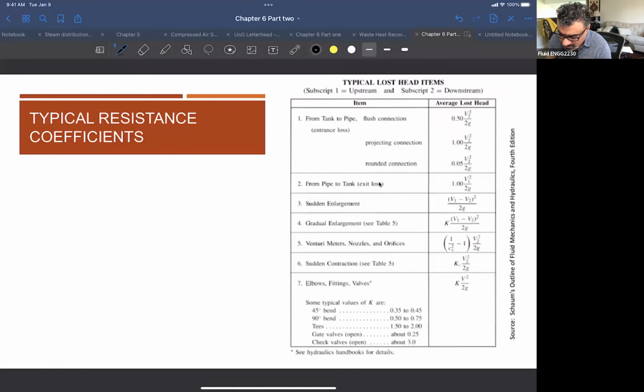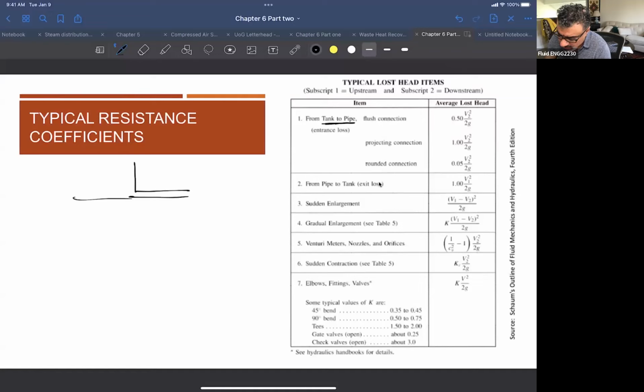You will see here, for example, from tank to pipe, the loss is given as 0.5 V squared over 2g. This is another table that is available in many handbooks for fluid flow in a system, which means that the K for this case here is 0.5.